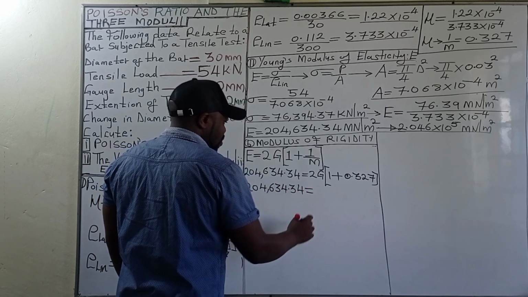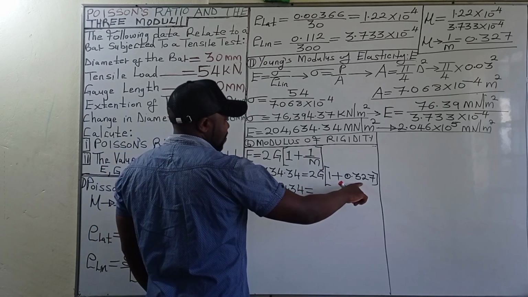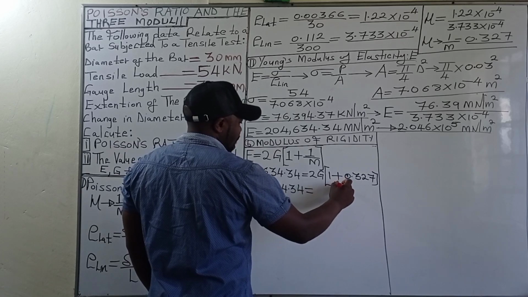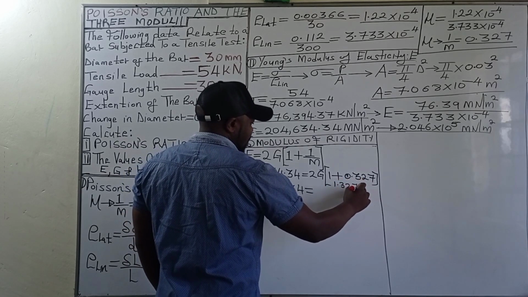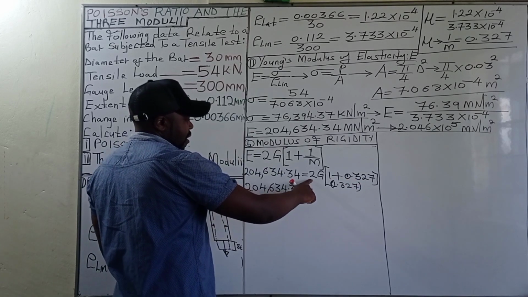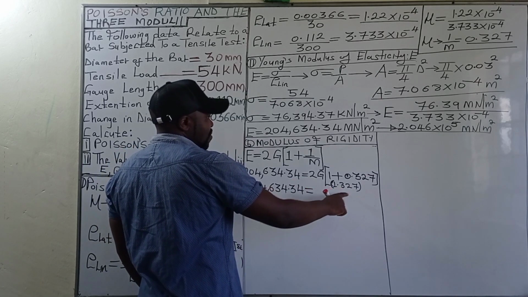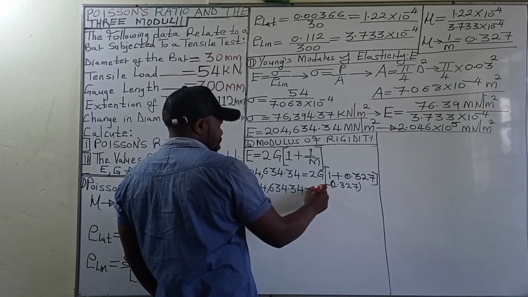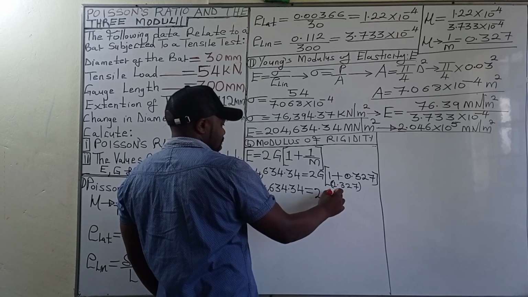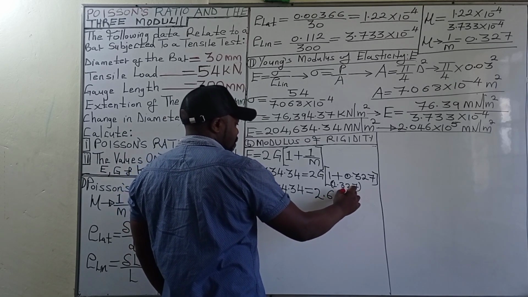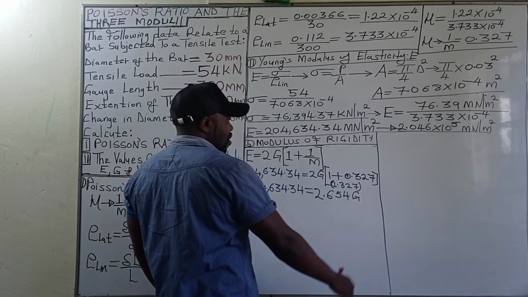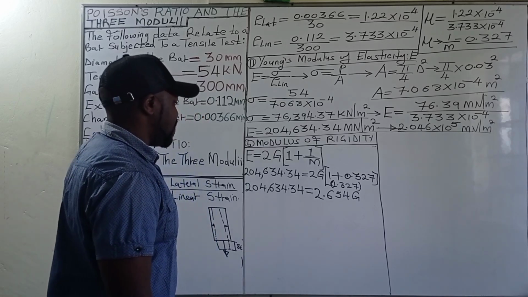So this will be 204,634.34, which will be equal to 1 plus 0.327, which is 1.327, times 2. 2 times 1.327 happens to be 2.654, so 2.654G.